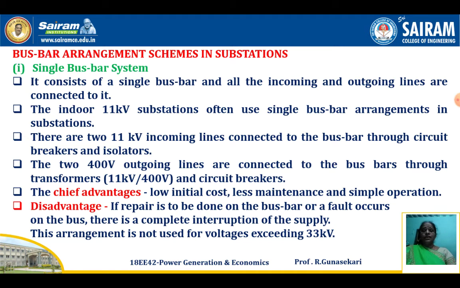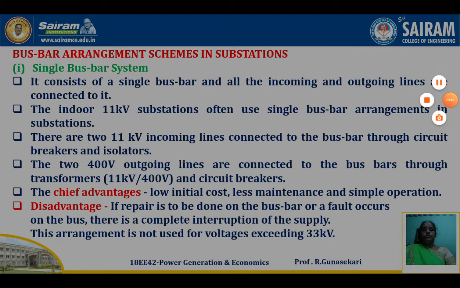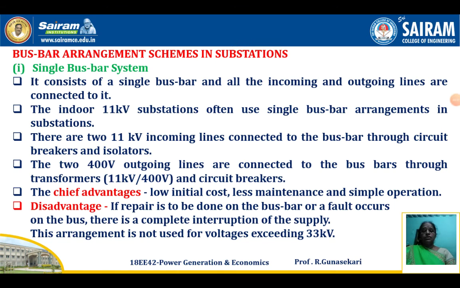And what are the advantages of this single bus bar system? First is low initial cost, less maintenance and simple operation. What are the disadvantages of this single bus bar system? If any repair is to be done on the bus bar or a fault occurs on the bus, there is a complete interruption of power supply.